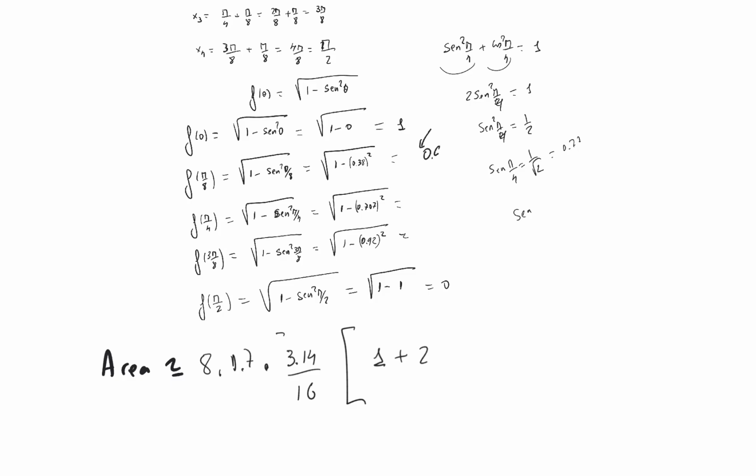So please you do the calculation. 2 times 0.92 plus 2 times this amount plus 2 times this amount plus 1 times 0. Make it and let me know if this is around, should be smaller than 17.44.